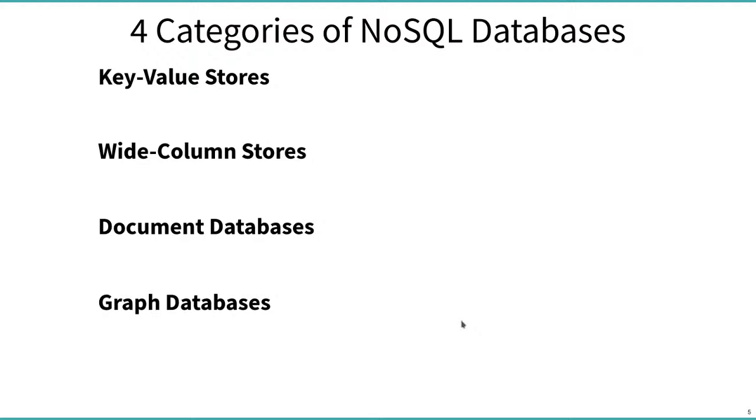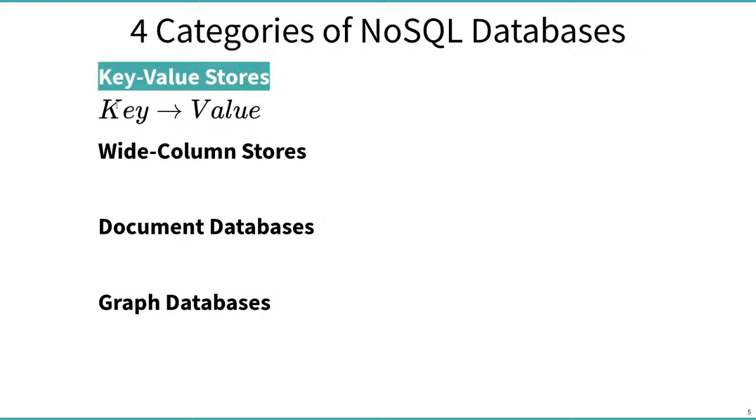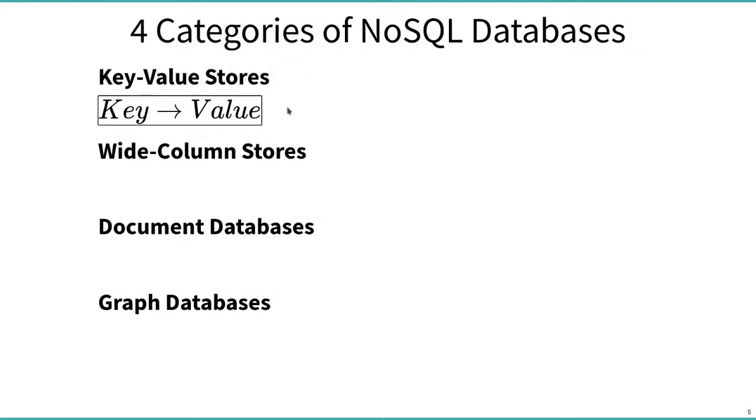Okay, let's come to the 4 categories of NoSQL databases. KeyValue stores, the data model is a list of key value pairs. So we have a key and we can ask the database, give me the value for the key. So this is like a hash map in Java.